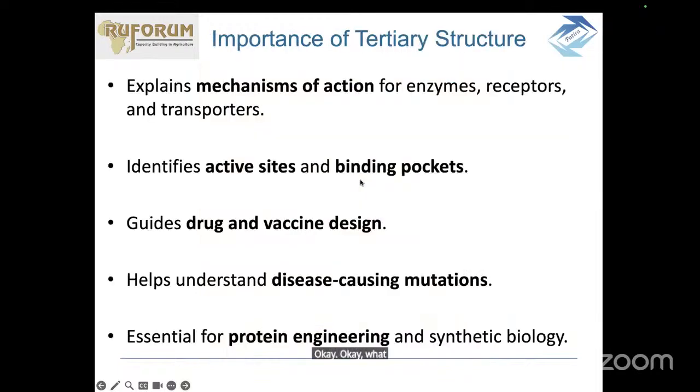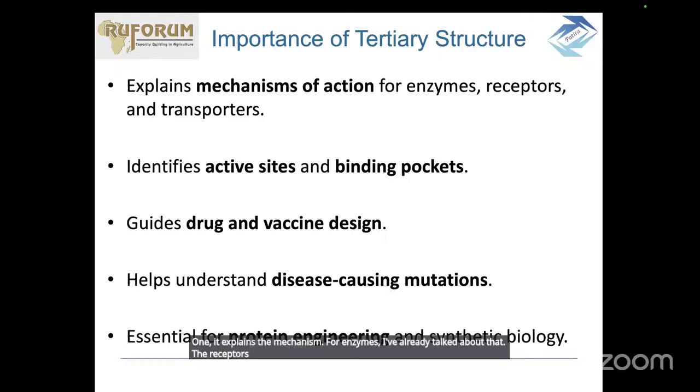Okay, why is this 3D structure very important? One, it explains the mechanism for enzymes. I've already talked about that, the receptors and transporters. So the mechanisms of all those, either being an enzyme, a receptor, or a transporter, are determined by the 3D structure of a protein.